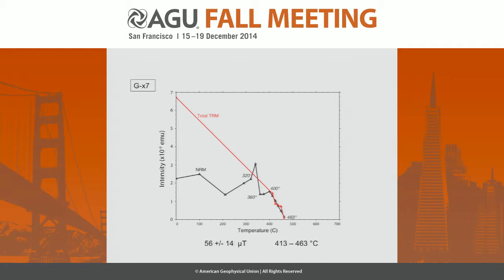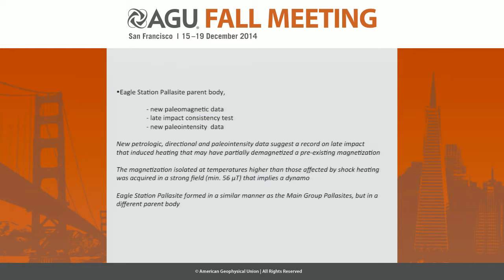This suggests it may have also been acquired in the presence of a dynamo similar to main group Pallasites. So, summarizing what we've learned about Eagle Station, we have evidence, petrologic and paleomagnetic, that suggests that it's undergone a late impact event after pallasite formation. However, at higher temperatures, we see that a strong field was recorded, suggesting it was acquired with a dynamo.